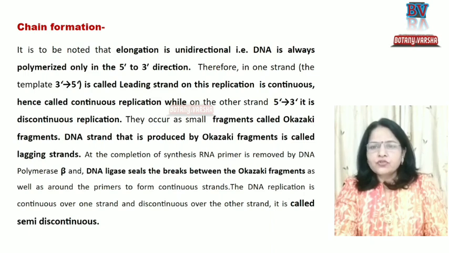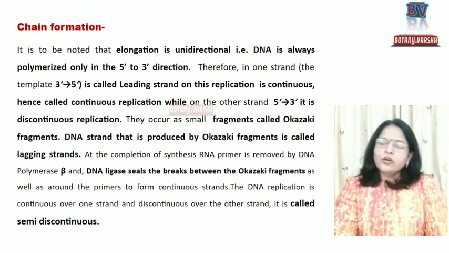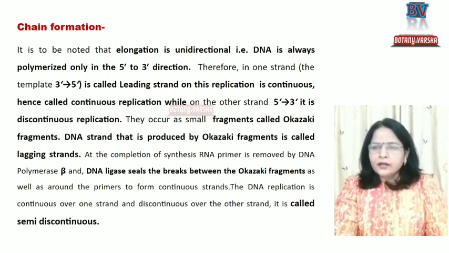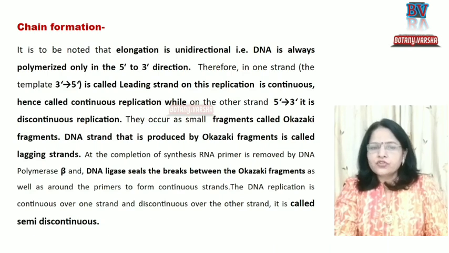Therefore, on one strand, called the leading strand, the replication is continuous, and on the other strand replication is discontinuous, and small fragments are produced. These are called Okazaki fragments, and after joining by DNA ligase, this is called the lagging strand.